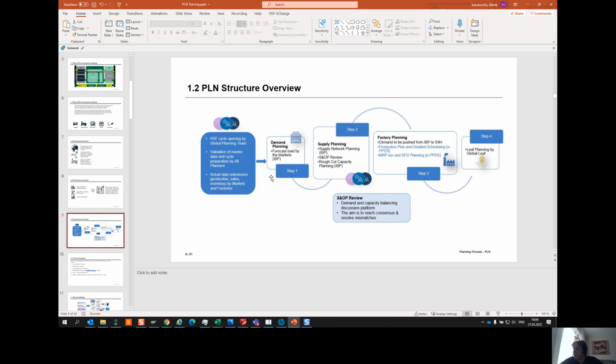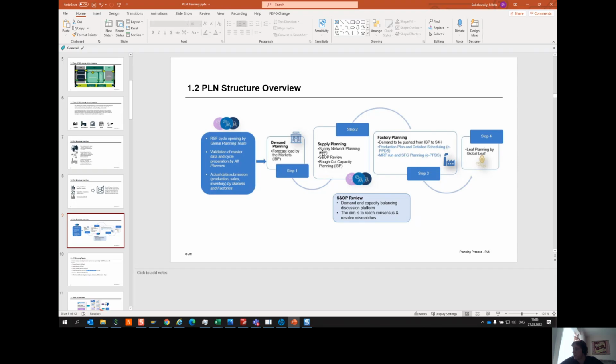Here for demand planning, as I said, we need to estimate how much we need to produce and buy worldwide, and divide it by markets, approximately, but not in a very detailed, accurate way. Then, moving from the bigger picture to a more narrow one, we move to supply planning, which is step 2.